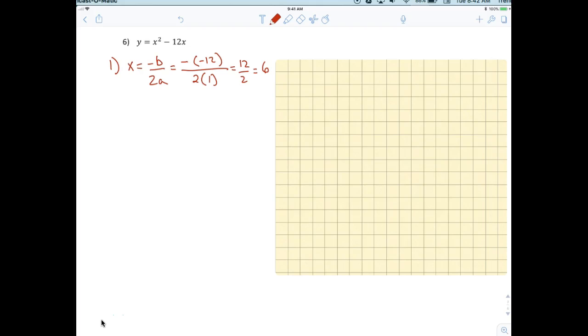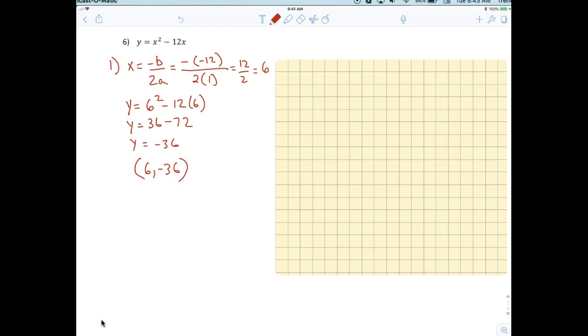All right. So now y equals 6 squared minus 12 times 6. 36 minus 72. Negative 36. So the vertex here is what? 6 comma negative 36. Okay, and this is what we were talking about yesterday. There's no reason I'm asking you to count down 36.